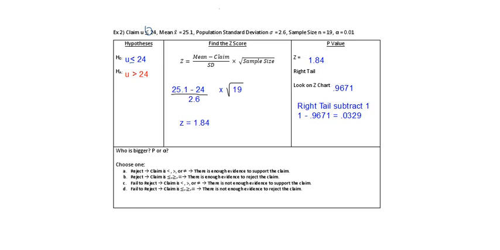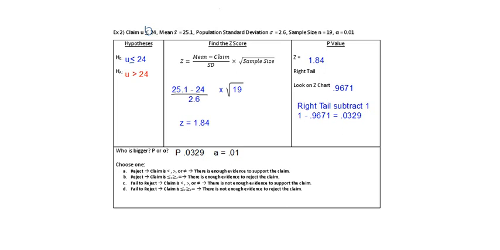Let's see what we have here. We have P and we have A. I'll type it up again. P, we just figured out, was 0.0329. A is given, it's 0.01. Decision time, who's bigger?